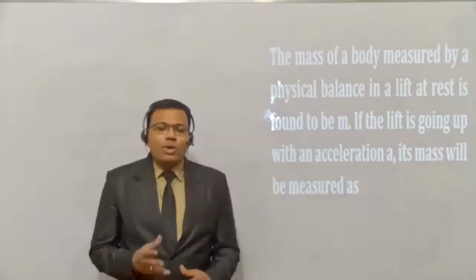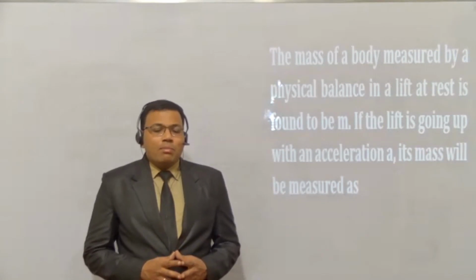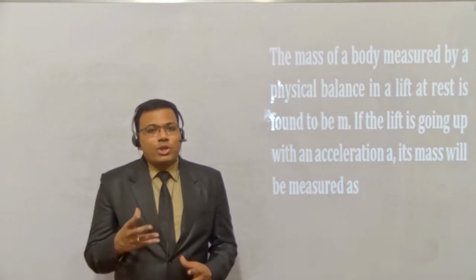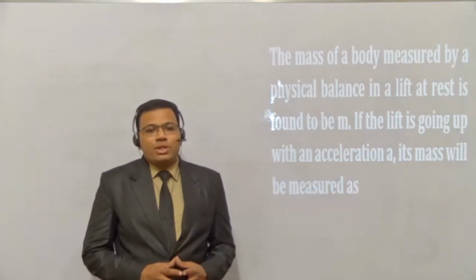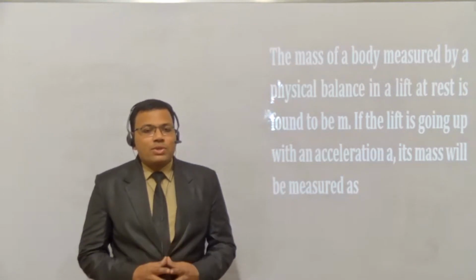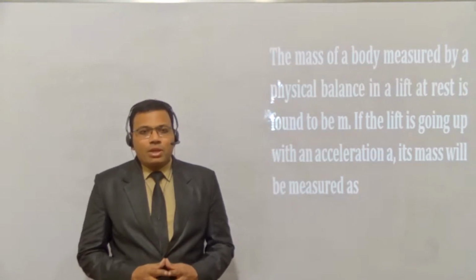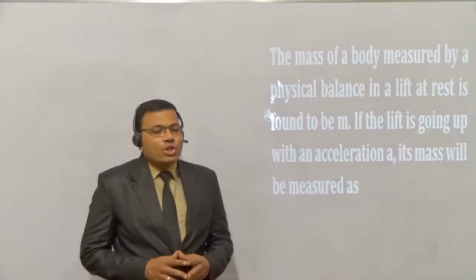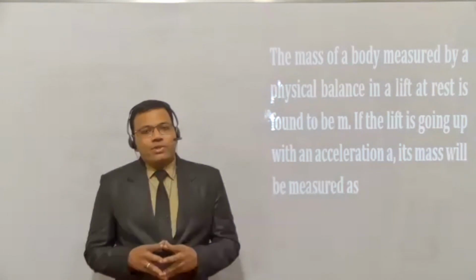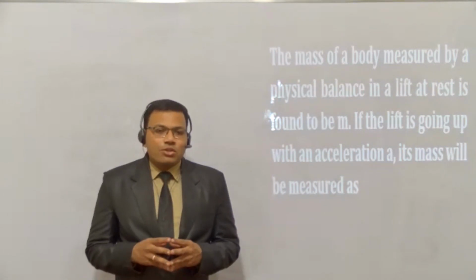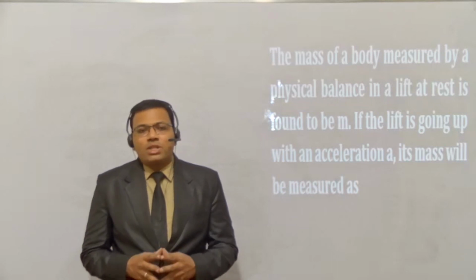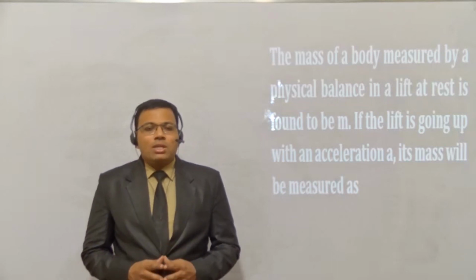When it is moving downward, apparent weight decreases. But I have never said that the mass is going to increase or decrease. The mass of the person or the body always remains constant. It is not going to vary. Therefore, the answer for this question is m only. Whether the lift is moving upward, downward, or at rest, the mass of the person or object in the lift always remains constant. Answer here: it is m.